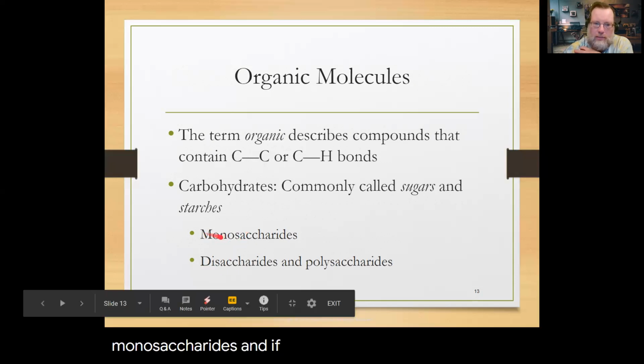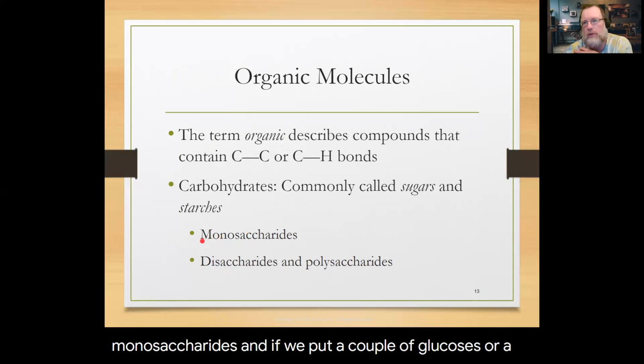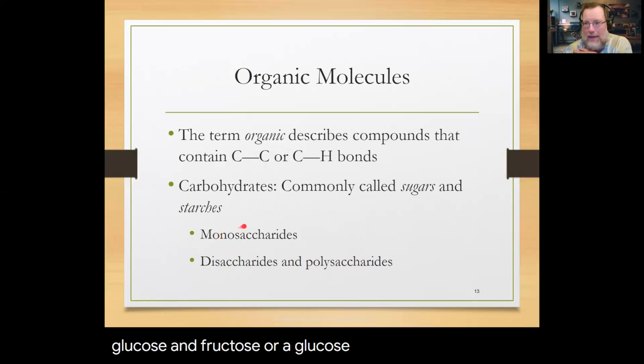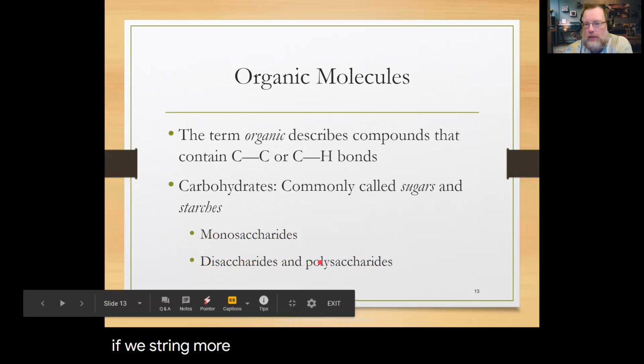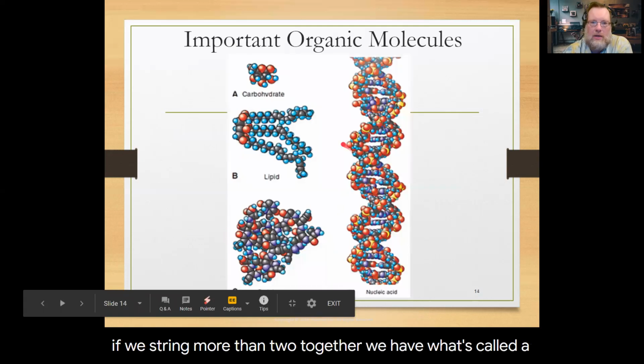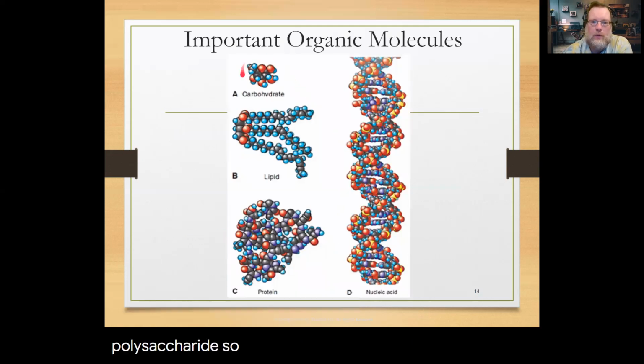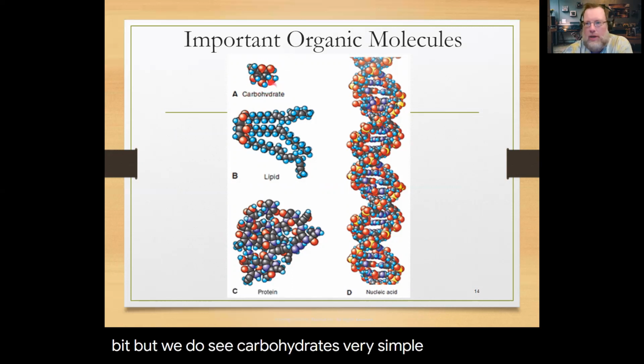If we make any combination of two of these, such as a glucose and a fructose, or a glucose and a galactose, or a fructose and a galactose, it forms a disaccharide. Then if we string more than two together, we have what's called a polysaccharide. We'll look at those in more detail in a little bit, but carbohydrates are very simple, primarily used for energy purposes.